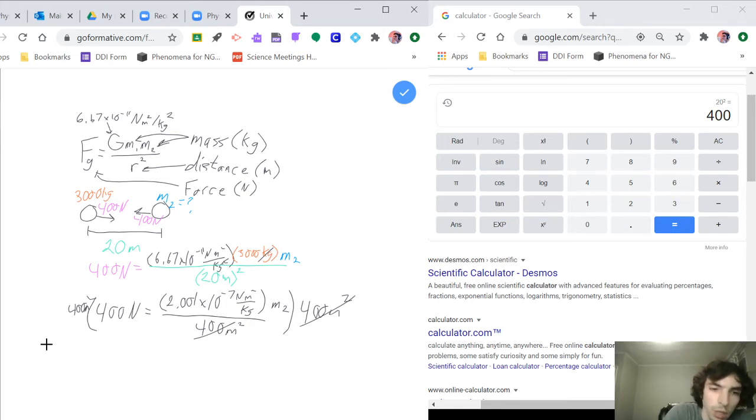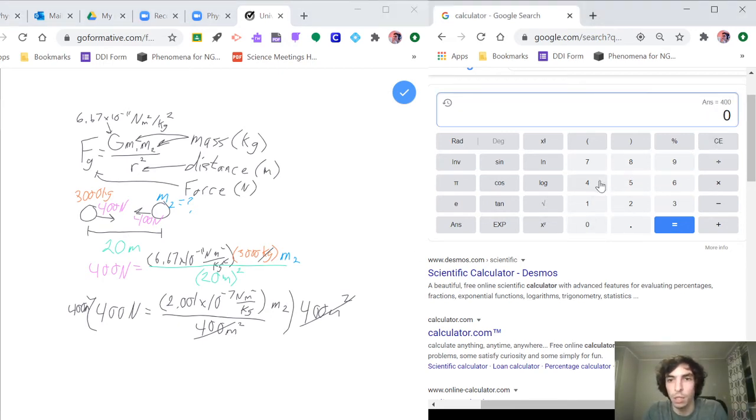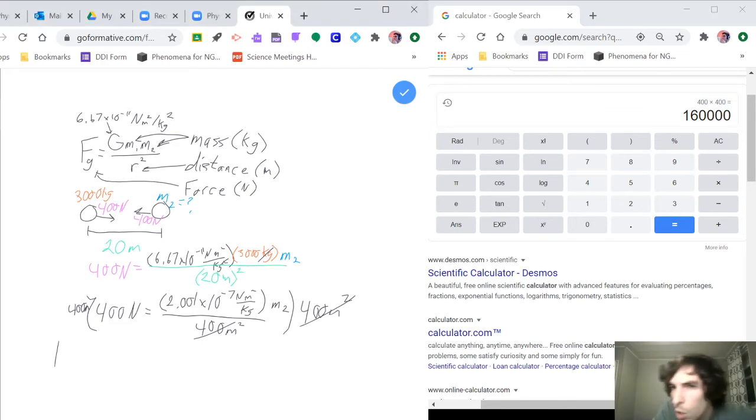And what we'll be left with over on the right side, some of you all might also know how to do this off the top of your head. 400 times 400 is going to give us 160,000. And the units that we're left with here are going to be Newton meters squared, because we just multiplied something in the unit of newtons times something with meters squared.